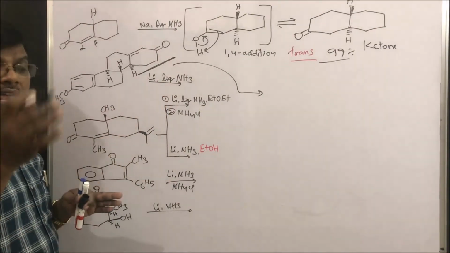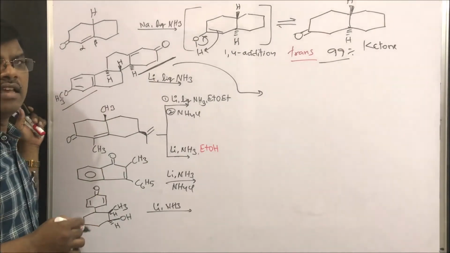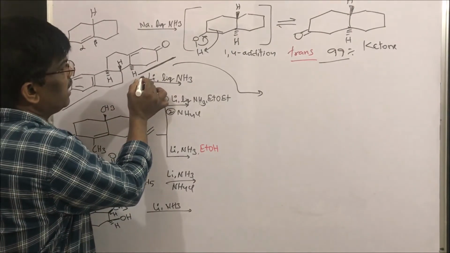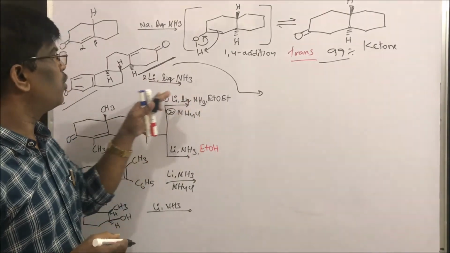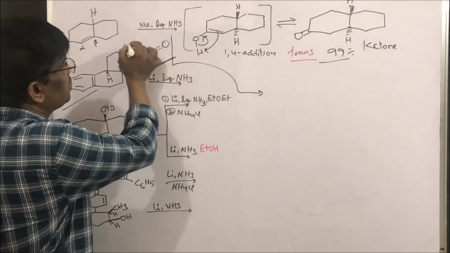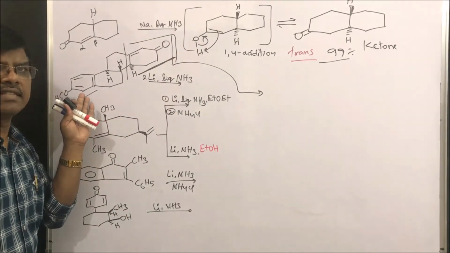If you add excess lithium, then it acts on this aromatic ring. However, since we are using two equivalents of lithium in liquid ammonia, first it reduces this group.